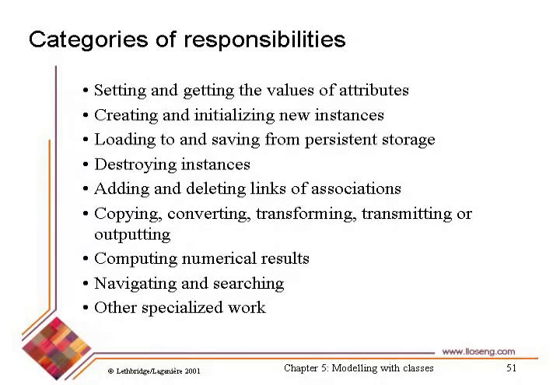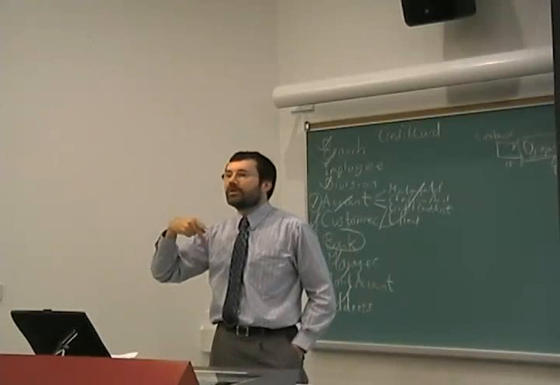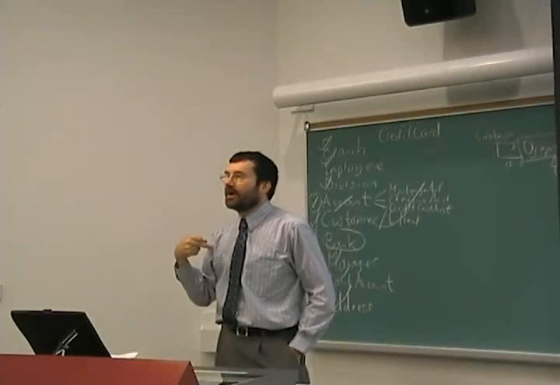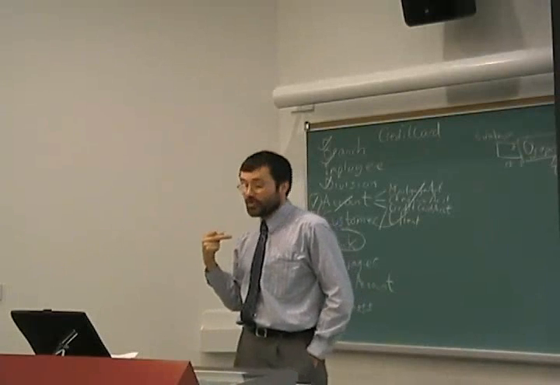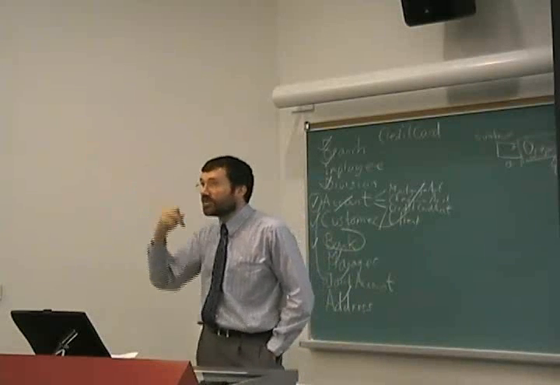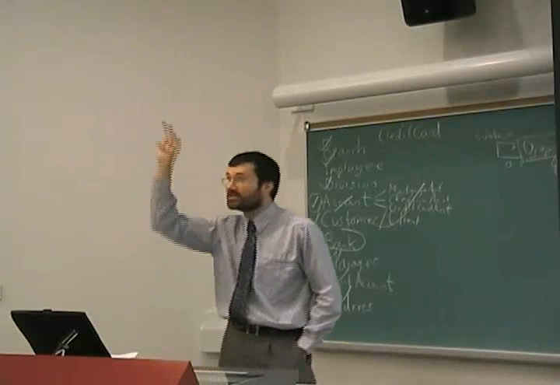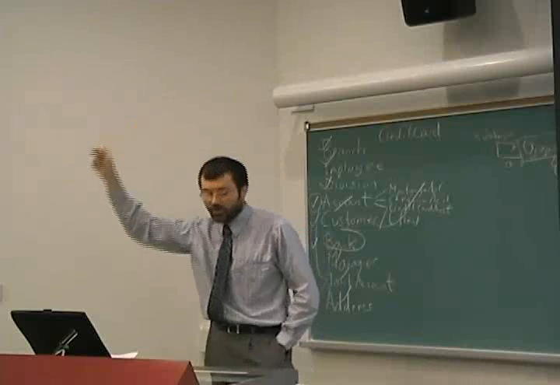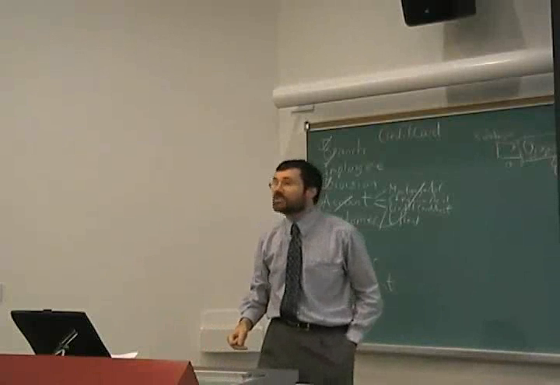Adding and deleting links. These are fundamental. Creating an assignment of an employee role to a flight. Sometimes creating a new instance goes along with creating the association to it, so creating a new instance of credit card goes along with creating a link to that.